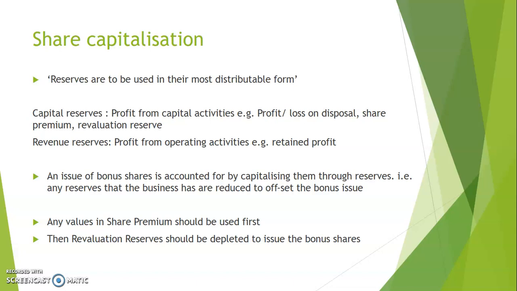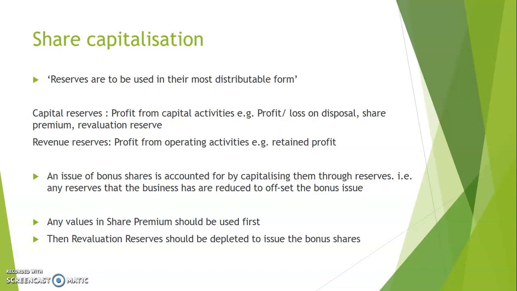And they mention something along the lines of reserves are to be maintained or used in their most distributable form. Okay, what that means is reserves are used in a very particular way. What are reserves? There are different types of reserves. There's two that you need to be aware of, and they are capital reserves and revenue reserves.